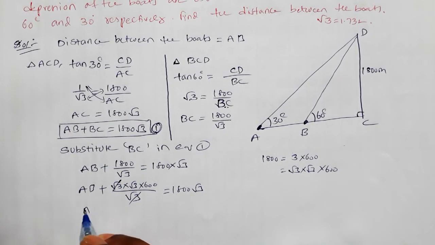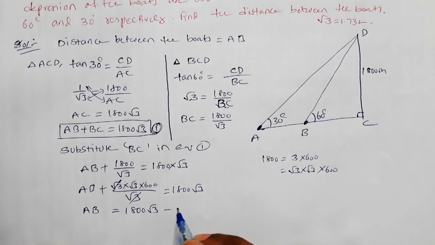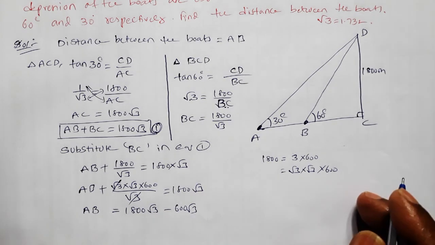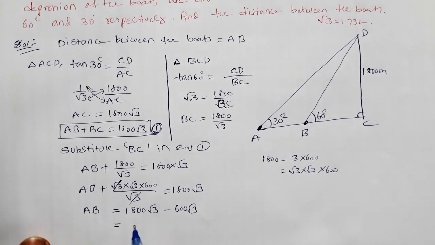Next, remaining right now, AB equals 1800 root 3 minus 600 root 3. This 600 root 3 we are taking on the right hand side with minus. Now in both of these, which is common? Root 3 is common. We will get 1800 minus 600.